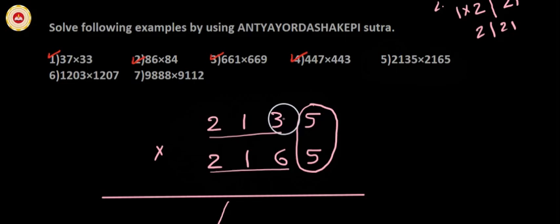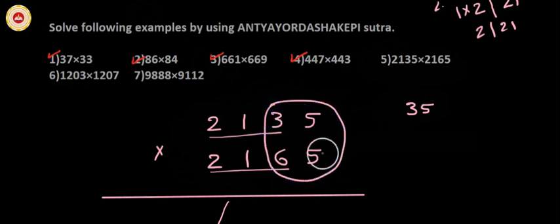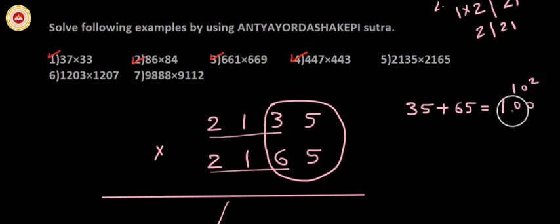So check the possibility of the sum of the last two digits in both of these numbers being 10 or its powers. See, 35 in multiplicand and 65 in multiplier. Add 35 plus 65, which is equal to 100. Yes, 100 is a power of 10. 10 to the power of 2 is 100.